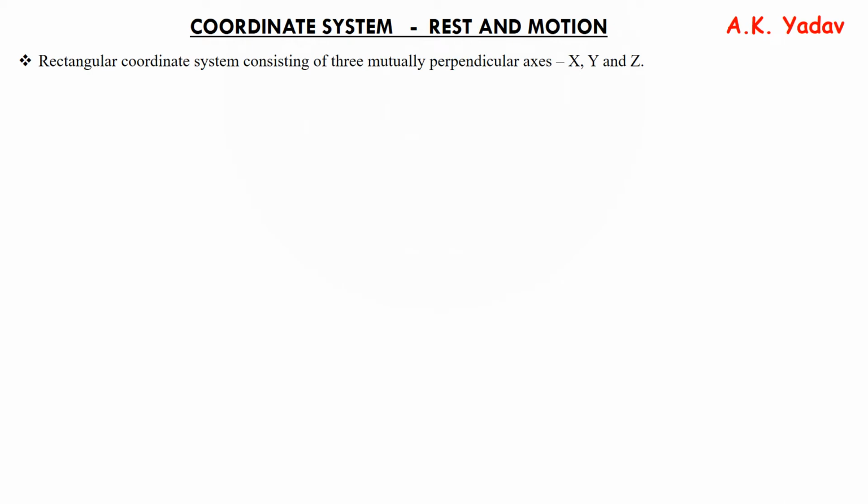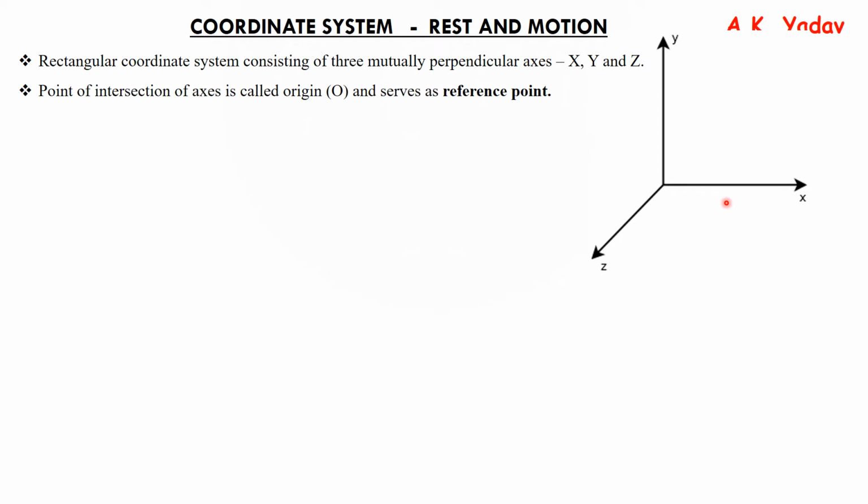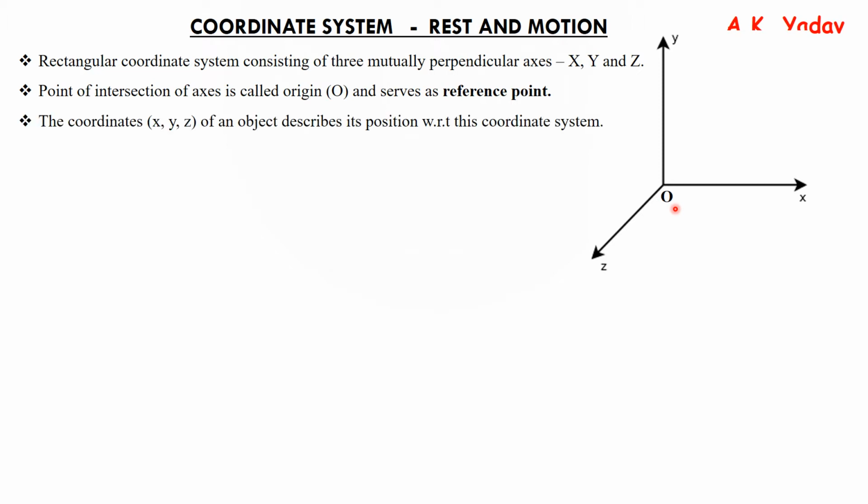Now, let us understand the coordinate system. The rectangular coordinate system consists of three mutually perpendicular axes, x, y, and z. The point of intersection of the axes, that is x, y, and z, is called the origin, represented by O, and it serves as a reference point.